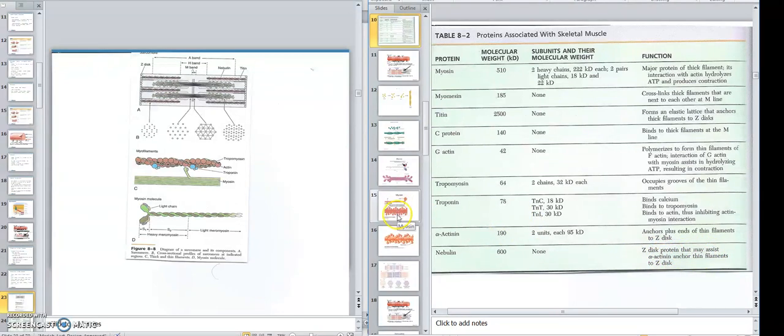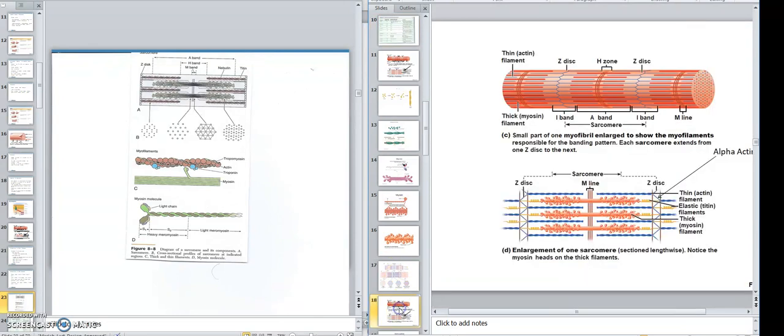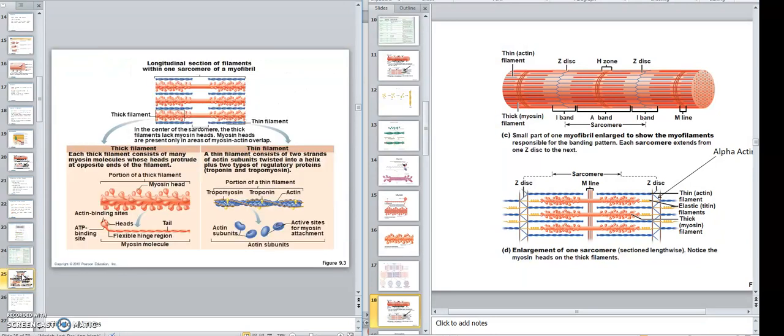I'm not going to get into that, so we're just going to stay with the ones we have here. The alpha-actinin holds here, and so forth. So study this and look over that, because now we're coming to another picture to show everything: the tropomyosin, the actin with the myosin binding sites and everything.